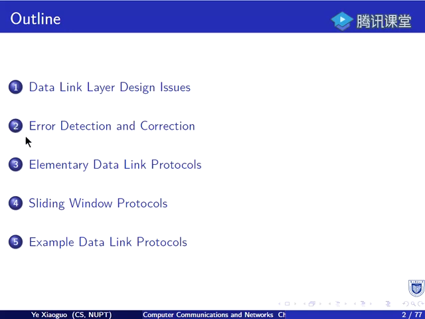So error detection and error correction, and flow control with sliding window. Then we will talk about some specific examples of data link layer protocols.